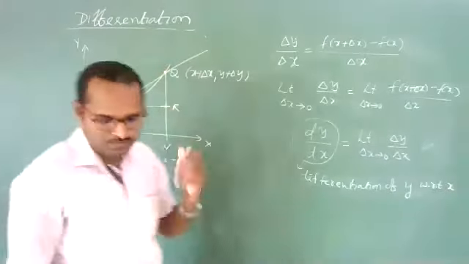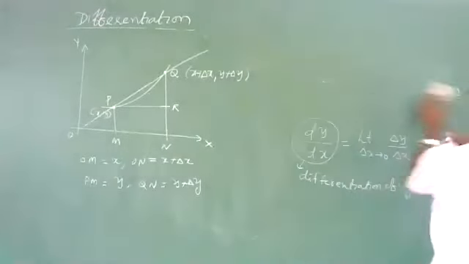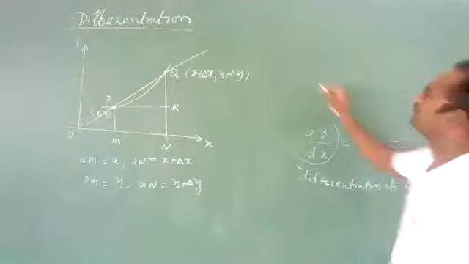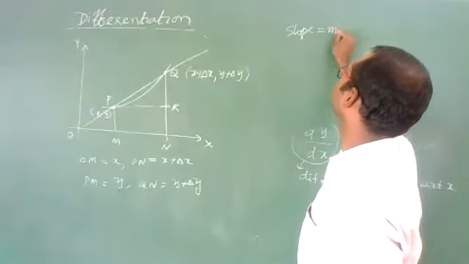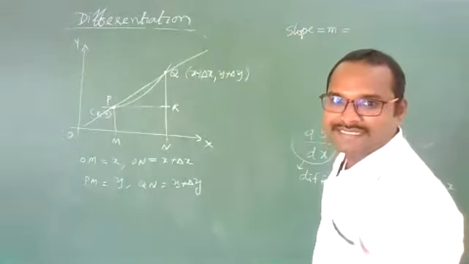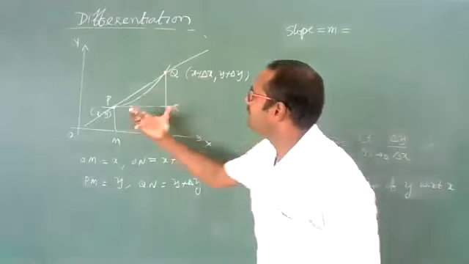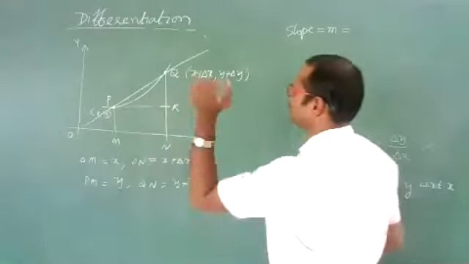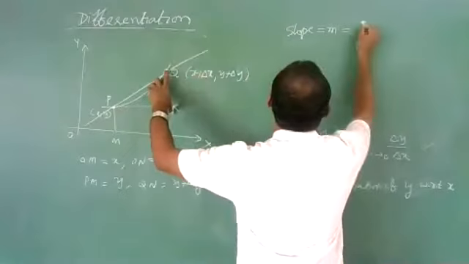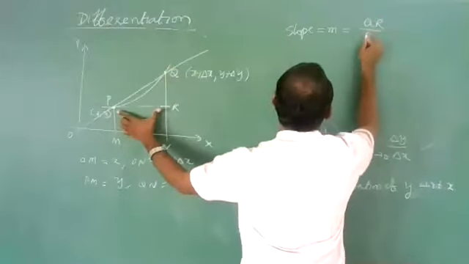Now I want the slope. What is slope? Slope is nothing but the increment in y value divided by the increment in x value. This is called slope. It means how much this y value has increased, QR, divided by how much the x value has increased, PR.